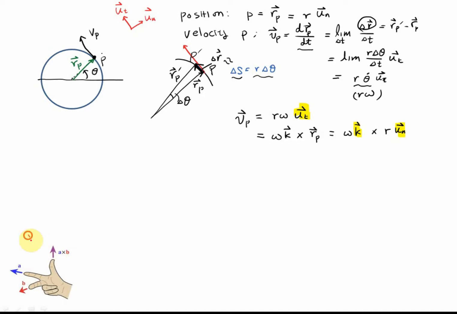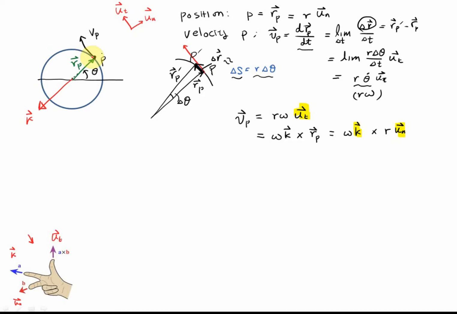This is the right hand rule. As long as you use the right hand rule, your second index is the k direction, and the third index is the un direction. When you do the cross product between k and un, the result is in the ut direction, right? Because in this example, k is coming out of your plane, toward you, and un is this way.